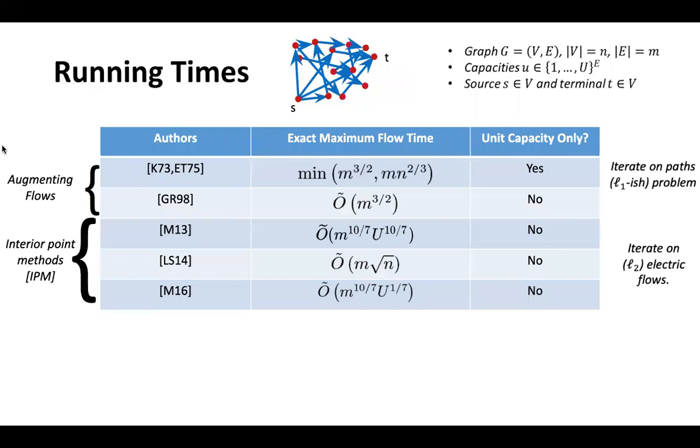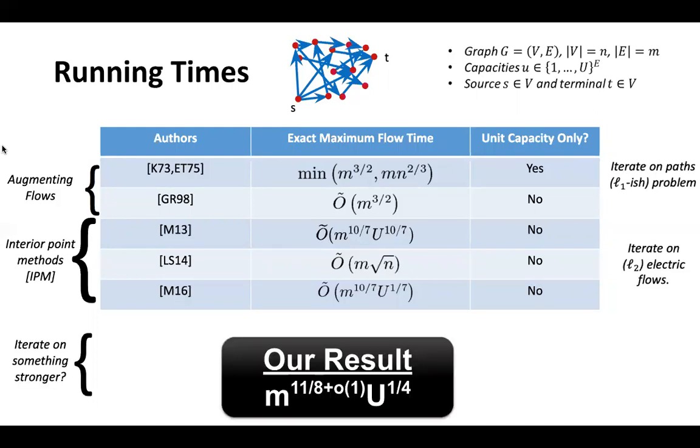On the other hand, the more recent methods have been through interior point methods, which iterate on electric flows. Because L2 is closer to L infinity, it makes sense that these algorithms are better than the L1 versions. So it's natural to ask, can we actually go beyond electric flows? Can we go closer to L infinity? And our result, we think, gives the first time where something past electric flows can actually be used to help max flow.